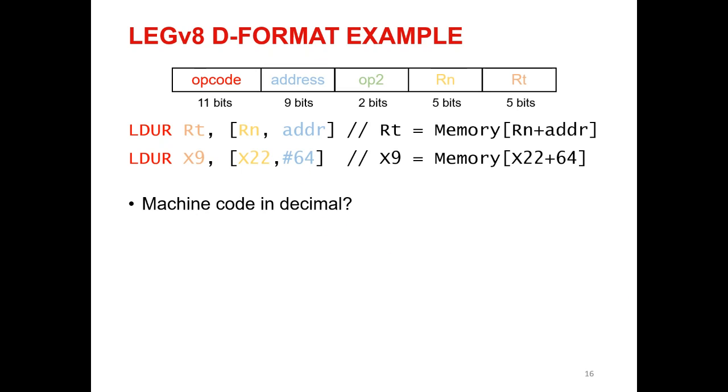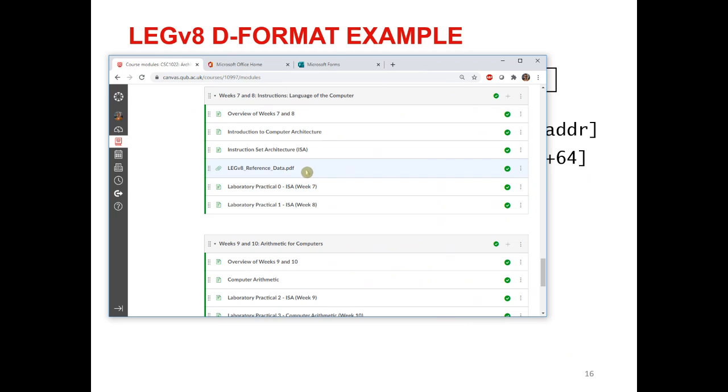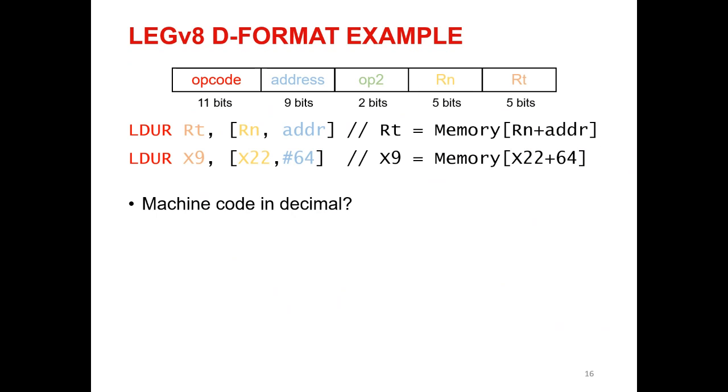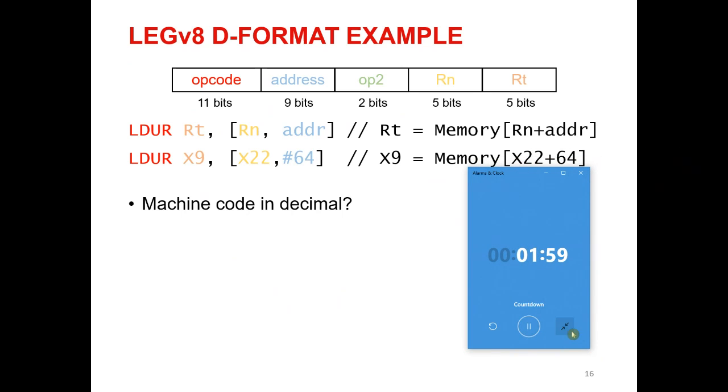Remember, you can use the reference data sheet that we have here. Using what I have just shown you in the slide for the D format, could you convert this instruction to machine code? I give you 2 minutes. Okay, so good luck.